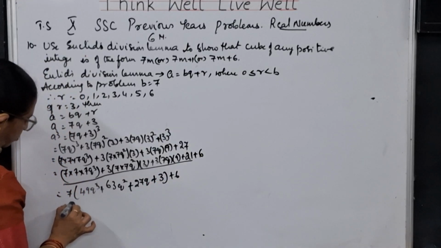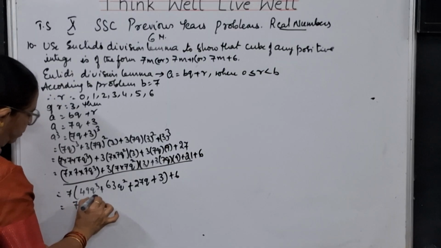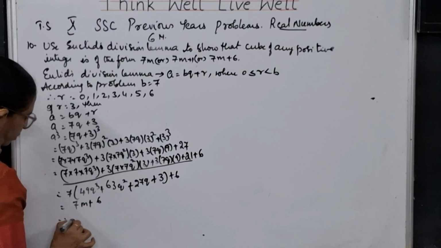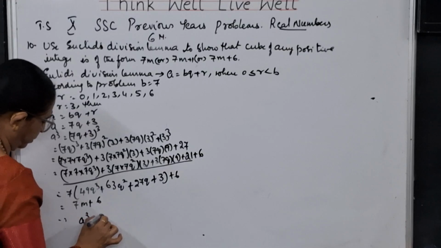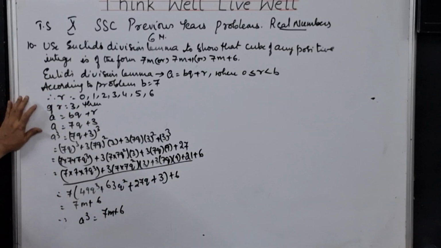So this is nothing but 7m plus 6. Therefore, a cube is equal to 7m plus 6. You have got this when r is equal to 3.